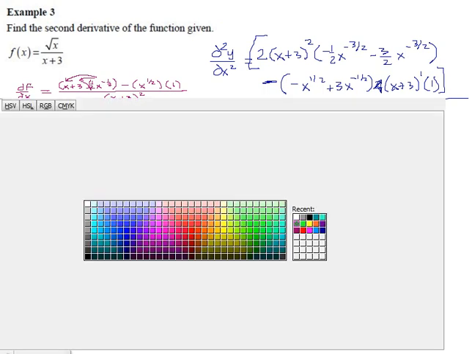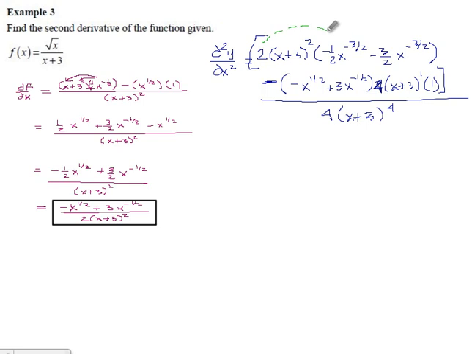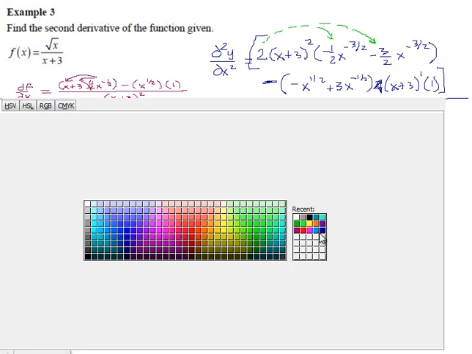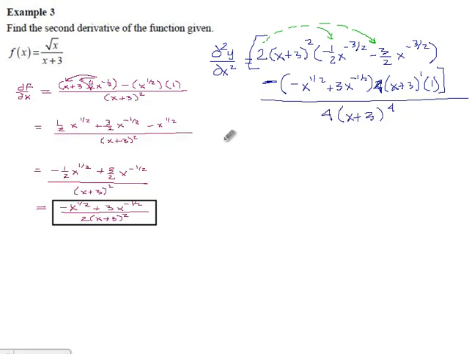One minor good thing happens here. This 2 we could distribute through the brackets here, and it will cancel both of those fractions. That makes things 1% less terrible. We get x plus 3 all squared times minus x to the minus 3 over 2 minus 3 x to the minus 3 over 2. Those are like terms. We'll be combining those in a moment. Okay, and then for our second term, we have minus 4.